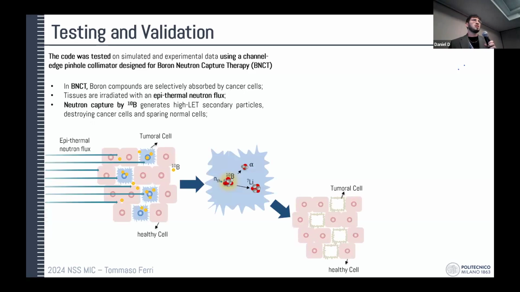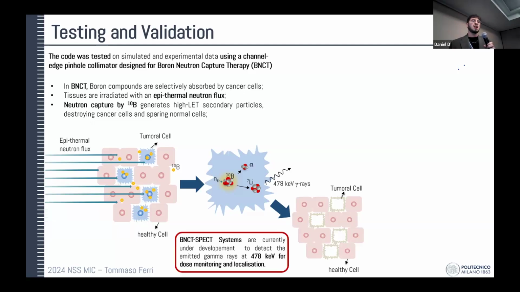The reaction with the boron and these neutrons leads to the emission of high LET particles, alpha and lithium, which destroy the cancer cells. But in 94% of cases, the lithium is released in an unstable way, so it emits a gamma at 478 keV, which can be detected for dose monitoring and localization.